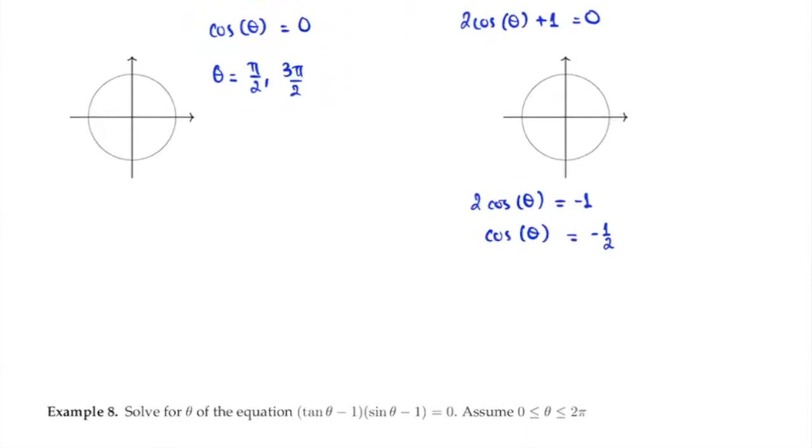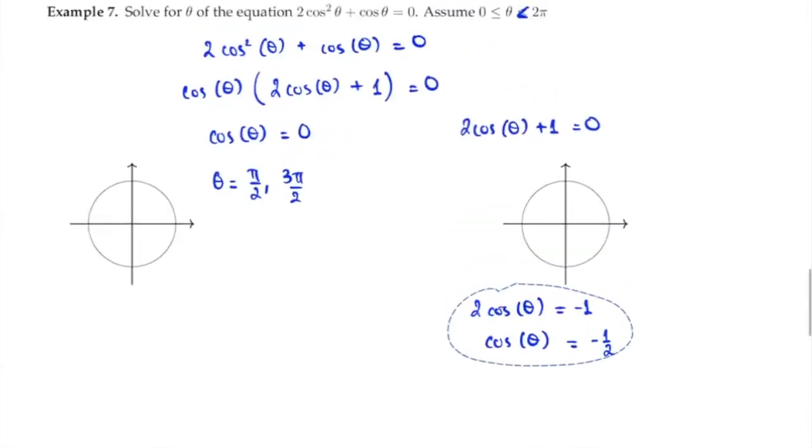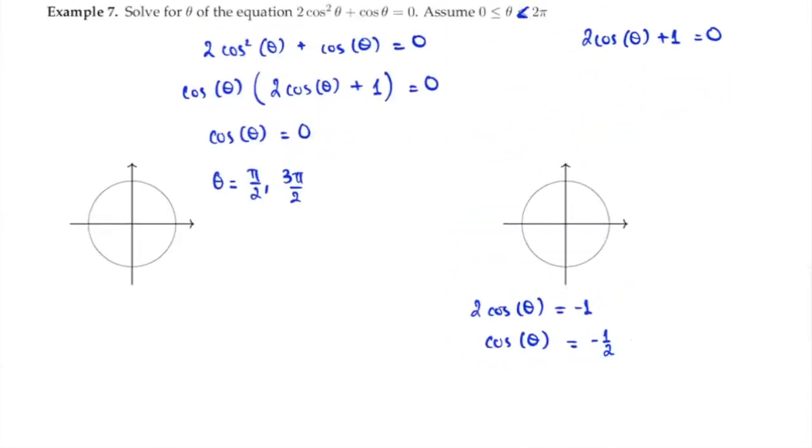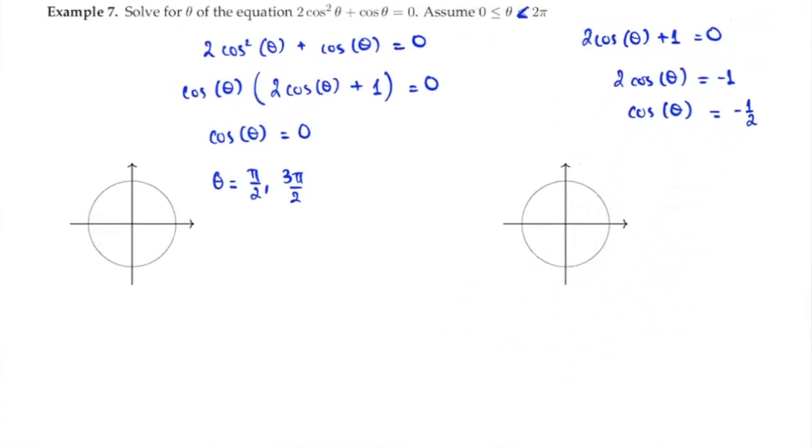So let me move this out of the way for the time being. Remember, we are working on the equation 2 cosine theta plus 1 equal to 0. You manipulate the equation to arrive at cosine of theta equal to -1/2. So cosine of theta equal to -1/2 is related to 1/2.